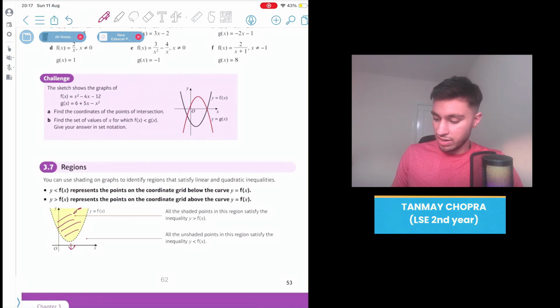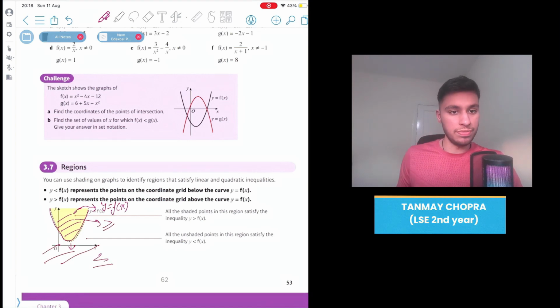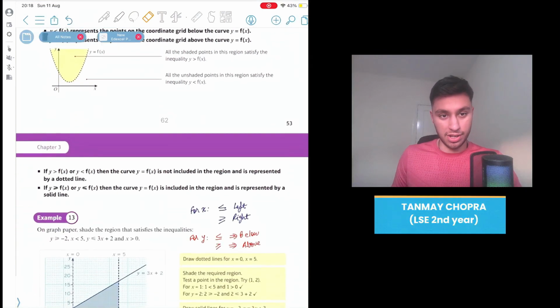This region is greater than or equal to, and anything below is less than or equal to. But I'll explain it in a better way in my diagram below. So ignore that if you want, or don't ignore it.